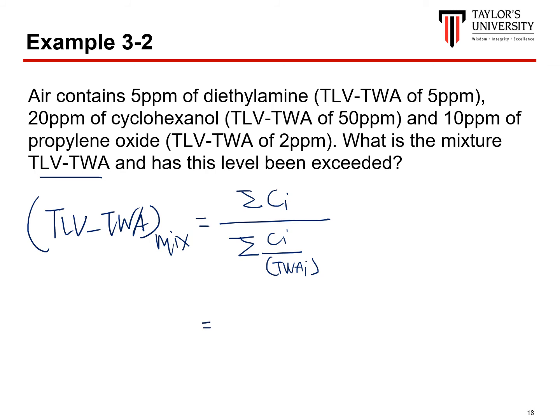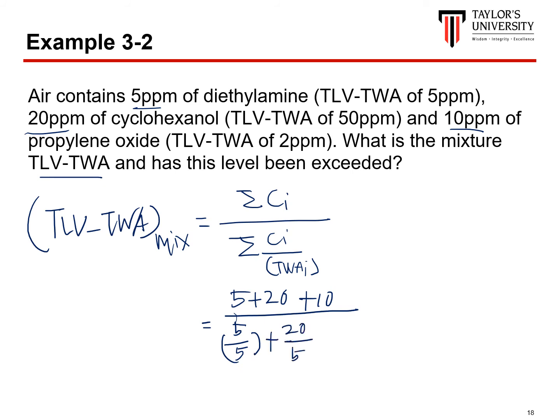In this case, we have 5 plus 20 plus 10 ppm over 5/5 ppm plus 20/50 ppm plus 10/2 ppm.